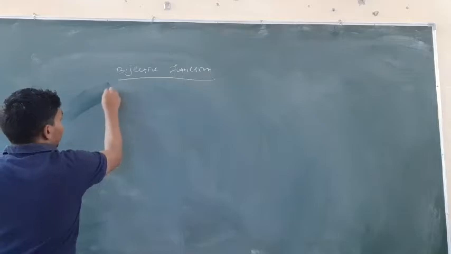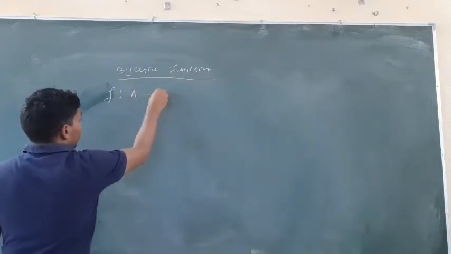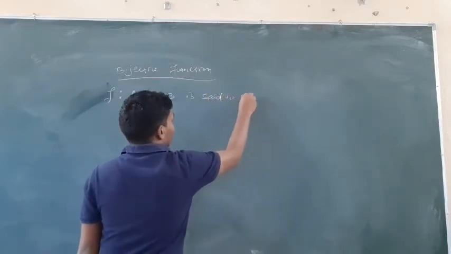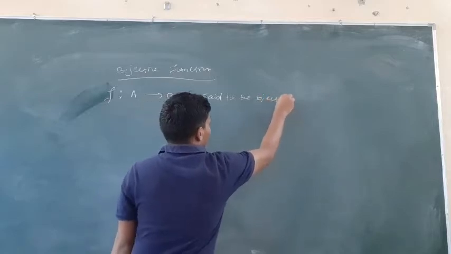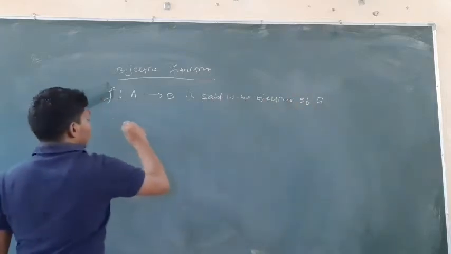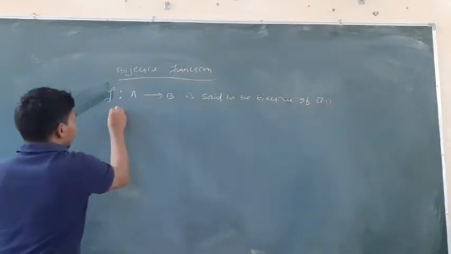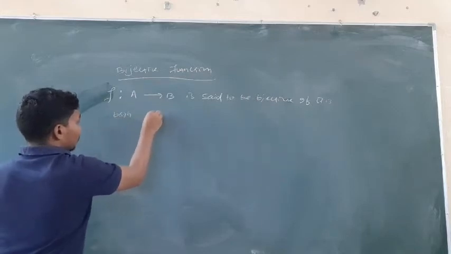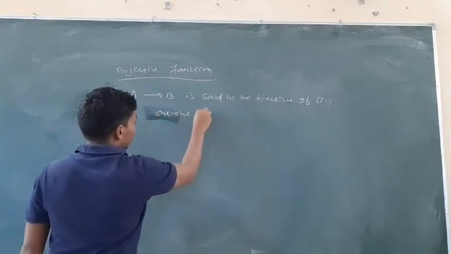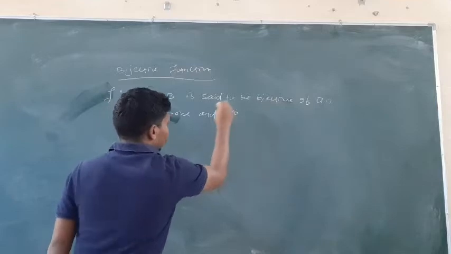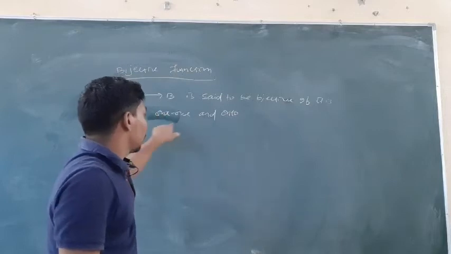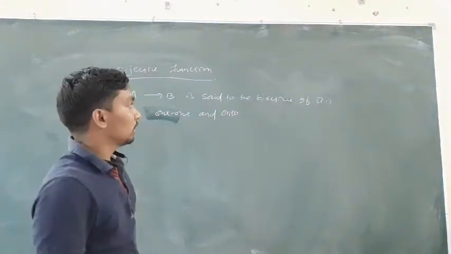Suppose f is a function from A to B. It is said to be bijective if it is both one-one and onto. If f satisfies the conditions of one-one and onto, then the function is called a bijective function.